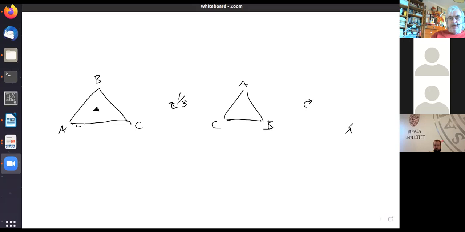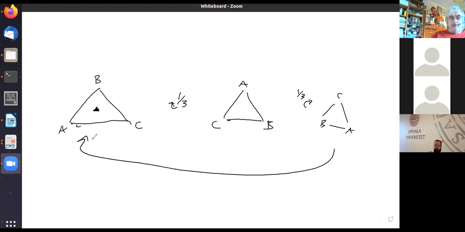We will have A here, C up here, and B here. And then another third will return back to that one.